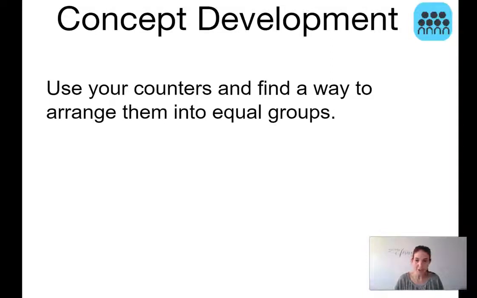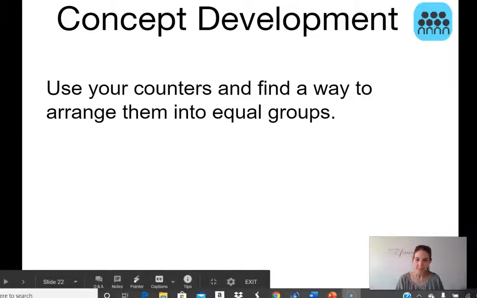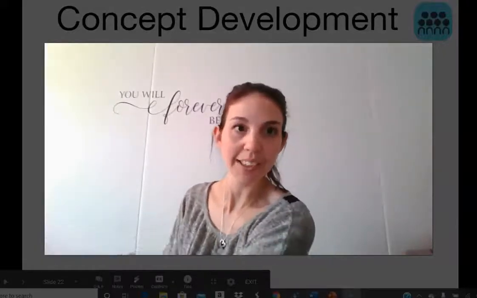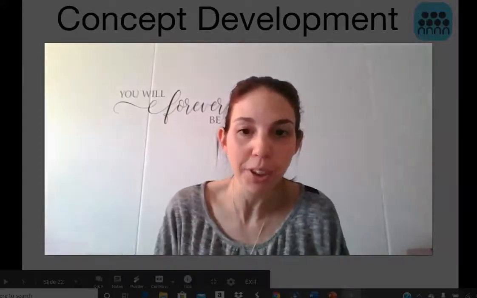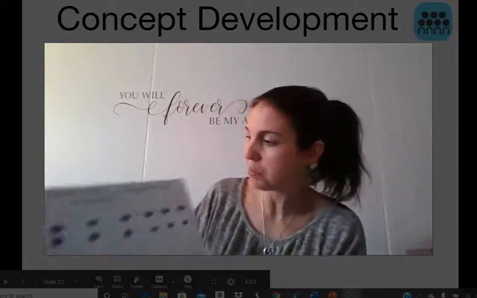That means each group will have the same number. I'd love if you take a picture of your groups because I'd love to see the groups that you came up with.